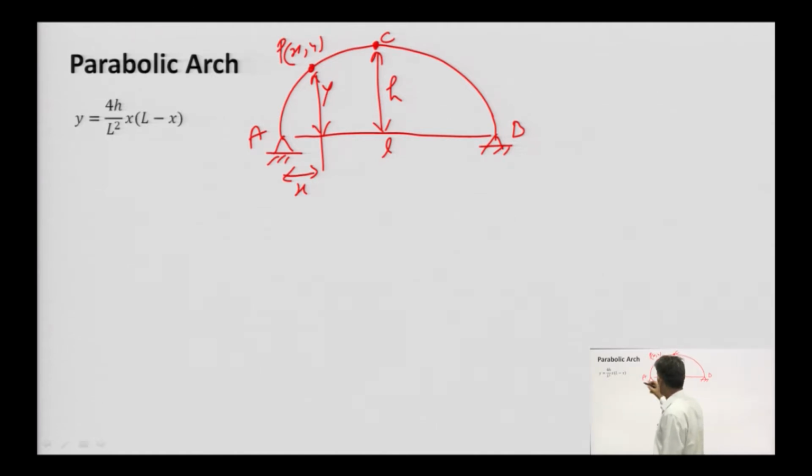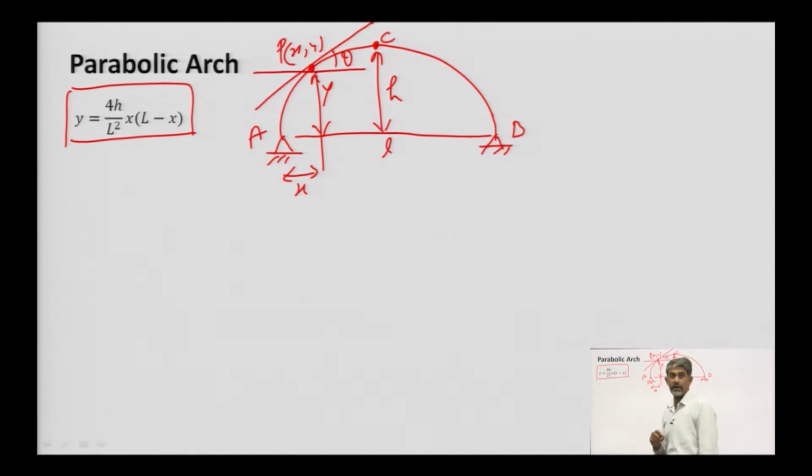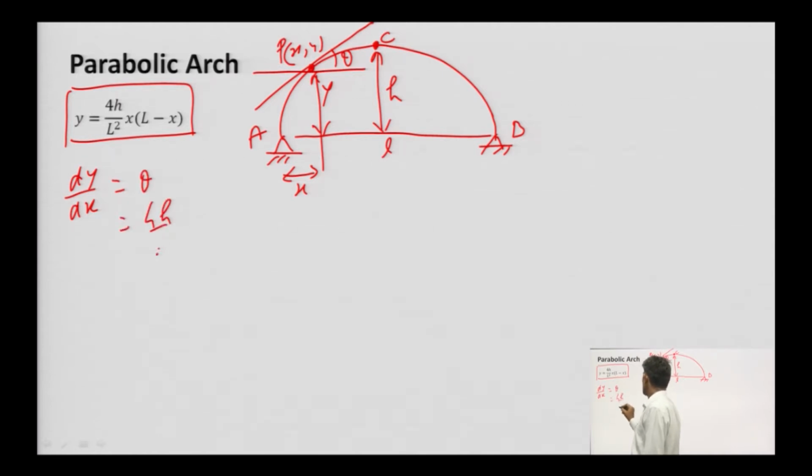The equation between x and y will be this. So, the slope at any point, theta, can be calculated. dy by dx gives the slope, and its value is 4h by L square, into (L minus 2x).